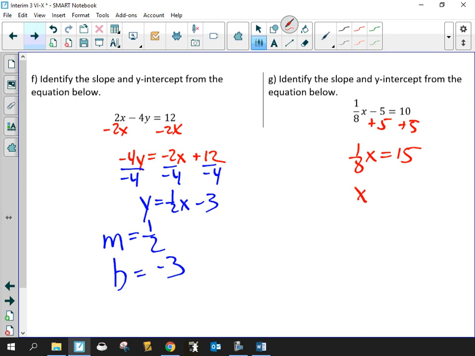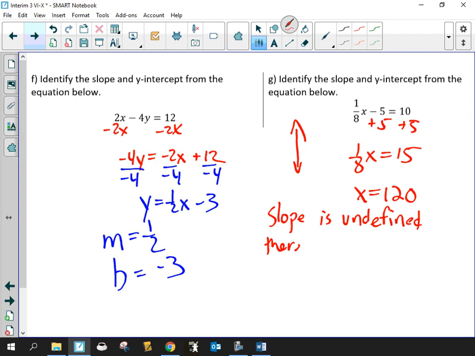I get x equals 120. But x equals 120 is going to be a vertical line. So the slope is undefined. And there is no y-intercept on a vertical line unless it's y equals 0.